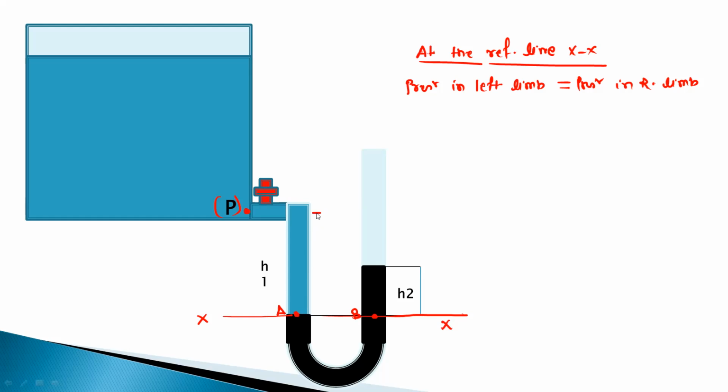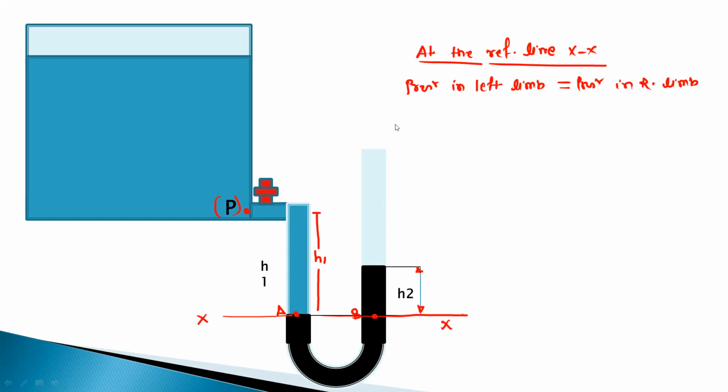This height is given as H1, which is above the point A, or above the reference line in the left limb. The height in the right limb, only for mercury, is equal to H2.